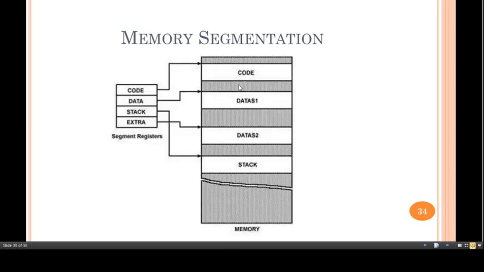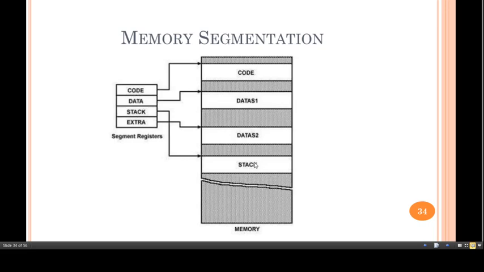Here the representation of memory is shown, how the memory segmentation is done. This is the whole memory of the processor, and these are the segments present in the memory. These are the segment registers associated with each segment.